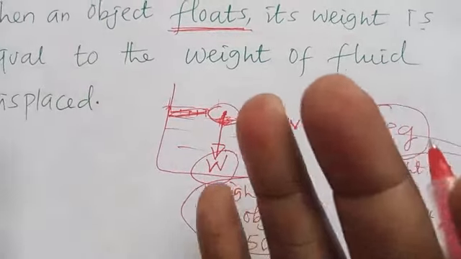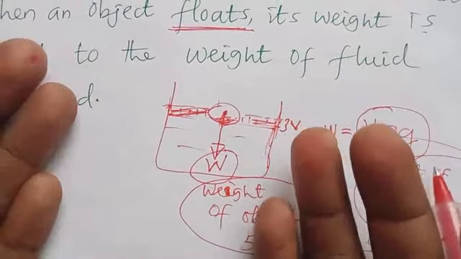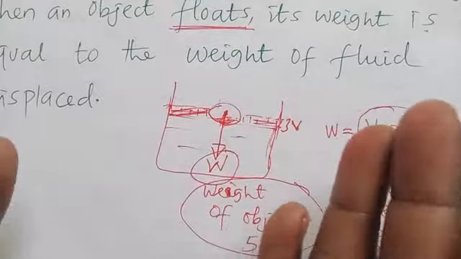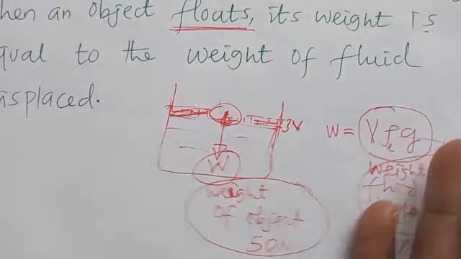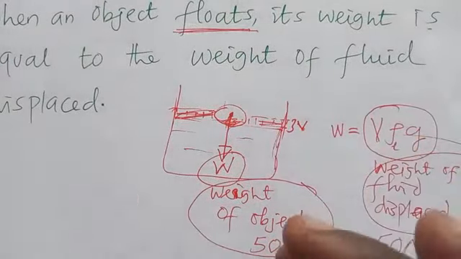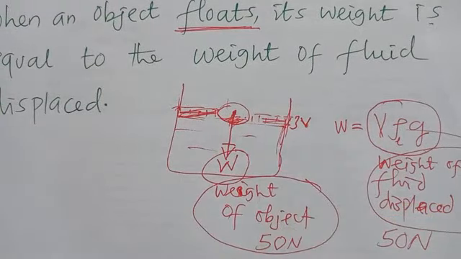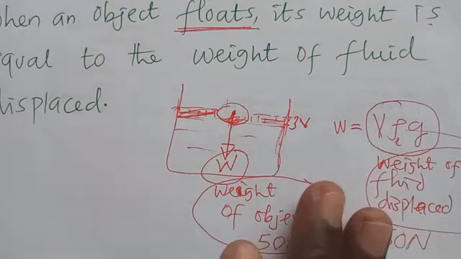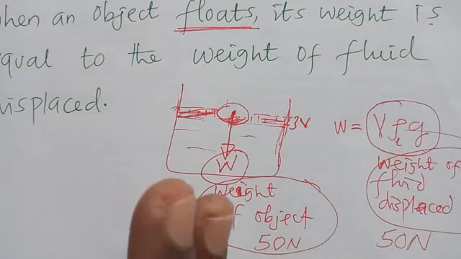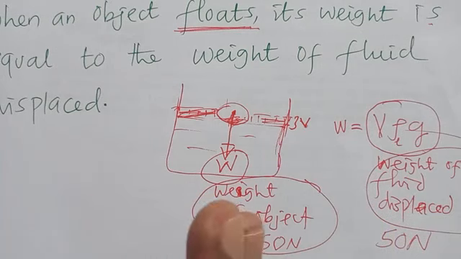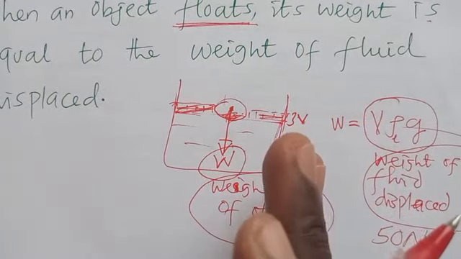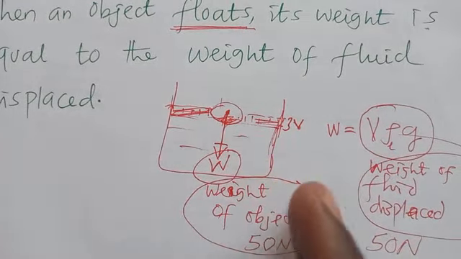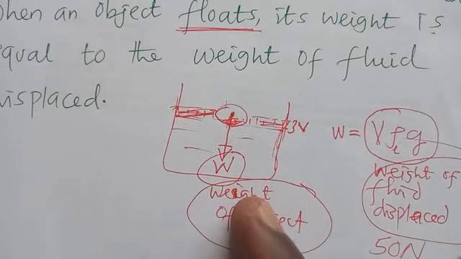And this explains why a ship can float in water: from the shape of the ship, it is shaped in such a way that from the two sides it will displace a large volume of water. When you measure the weight of that displaced water, it is equal to the weight of the ship, and that is why the ship will not sink.